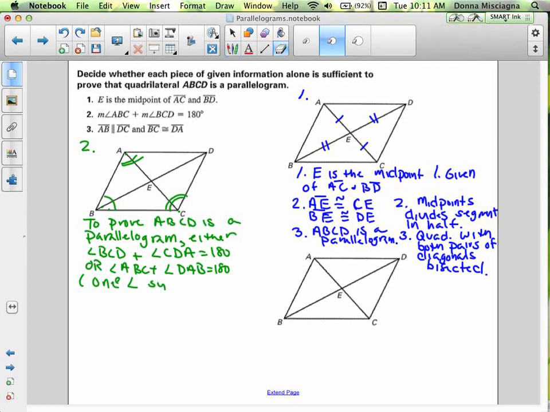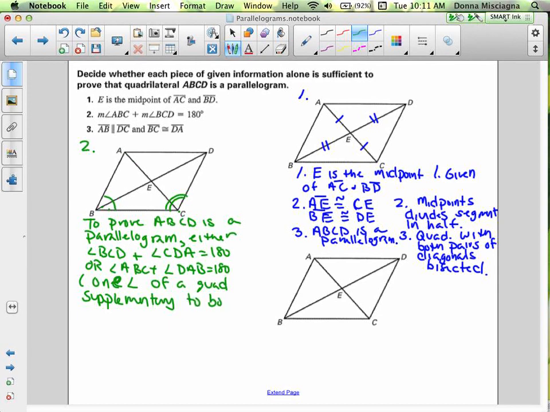And let's make sure we say it's a quadrilateral, right? If it had five sides, it certainly wouldn't be a parallelogram. So that's one angle of a quad supplementary to both consecutive angles. That would be the reason that would apply if we had one angle that was indeed supplementary to both its consecutive angles, which we don't have. All right, so one angle of a quad supplementary to both consecutive angles.